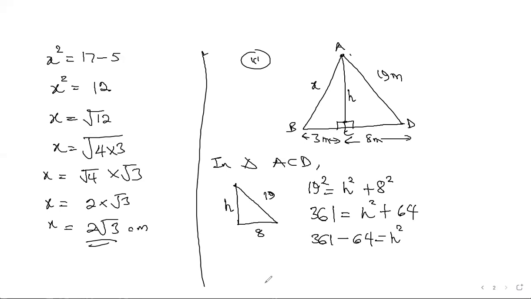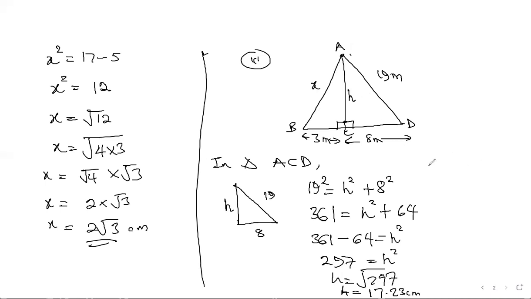Then you have 297 equals H squared. So H will be square root of 297. Press the calculator. So H will be 17.23 centimeter.